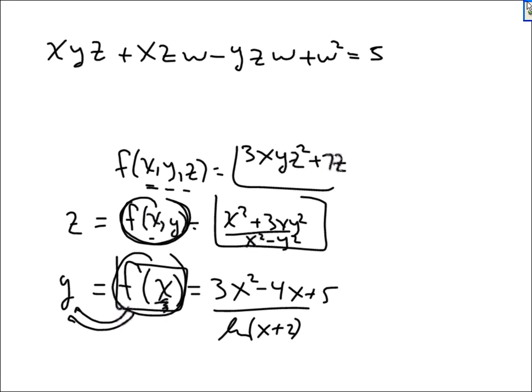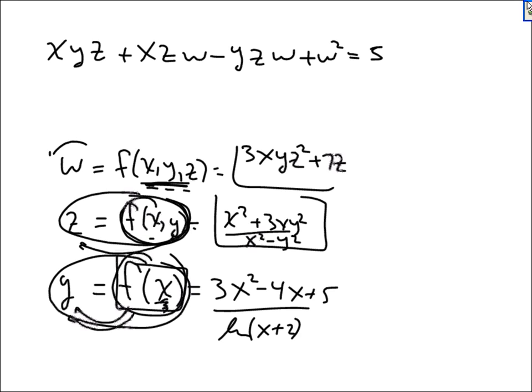This is a function of x and y. What came after y is z. This here is a function of x, y, and z. Oh, there's no letter after z. That's what I meant when I said they ran out of letters. But they call it w. Unless otherwise stated, a function of x has always been called y. A function of x, y is called z. This is called w. Okay?